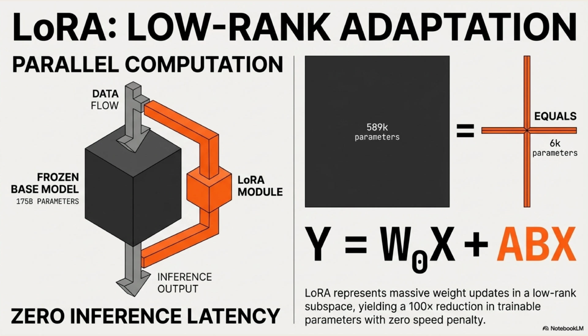The result? A 100 times reduction in trainable parameters with zero speed penalty at inference time, and research consistently showing 99% of full fine-tuning performance. LoRA doesn't compromise quality for efficiency. It achieves both simultaneously. This is why LoRA has become the default choice for enterprise AI customization.